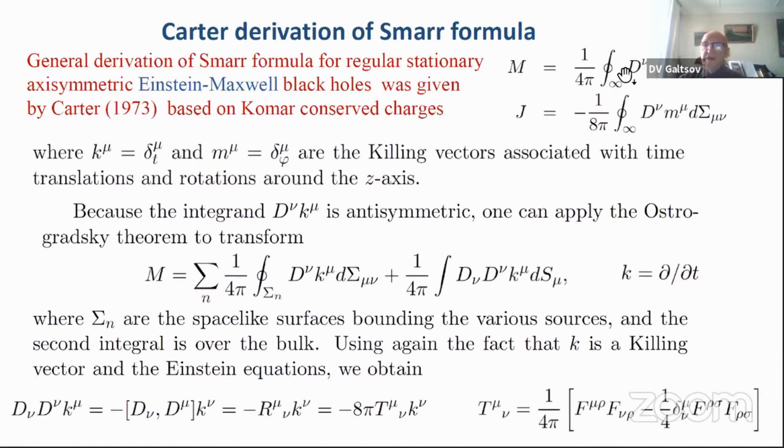If you integrate over the two-surface at infinity, you obtain the total mass. And if you integrate the other Killing vector, the azimuthal one, you will get the angular momentum. And just using Ostrogradsky-Gauss, you can transform this integral for mass at the infinite surface into surface integrals, where sigma n are surfaces surrounding all the objects.